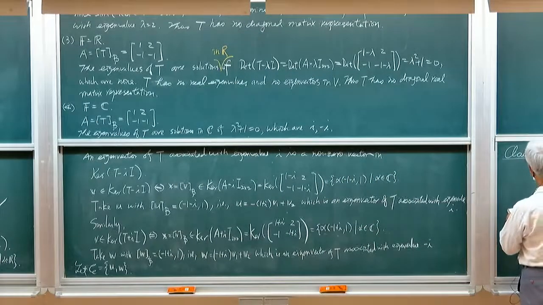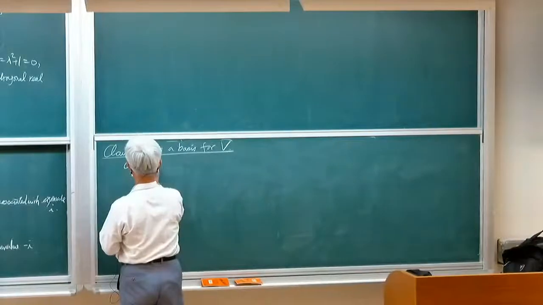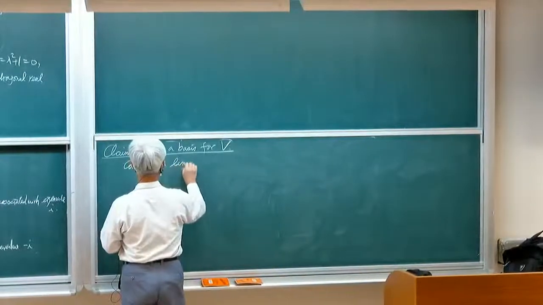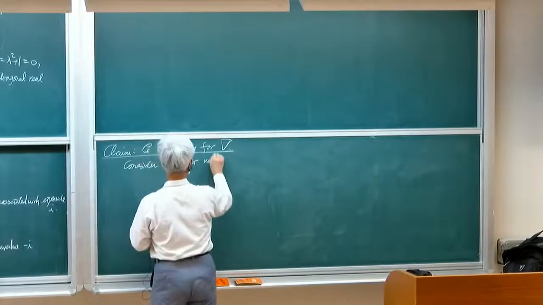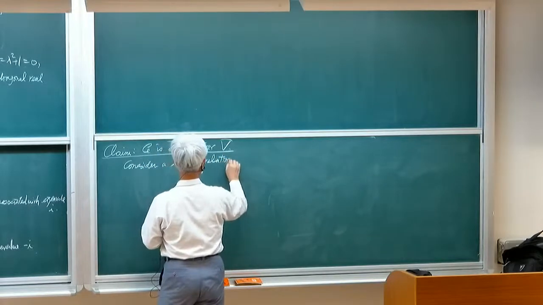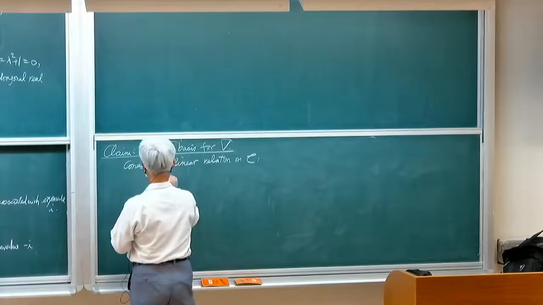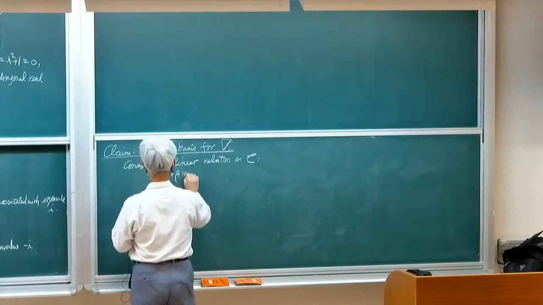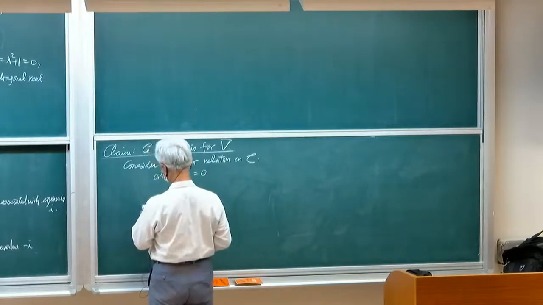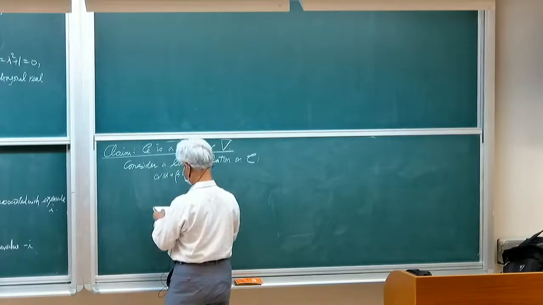Okay, so consider a linear relation on C: alpha U plus beta W equals the zero vector.